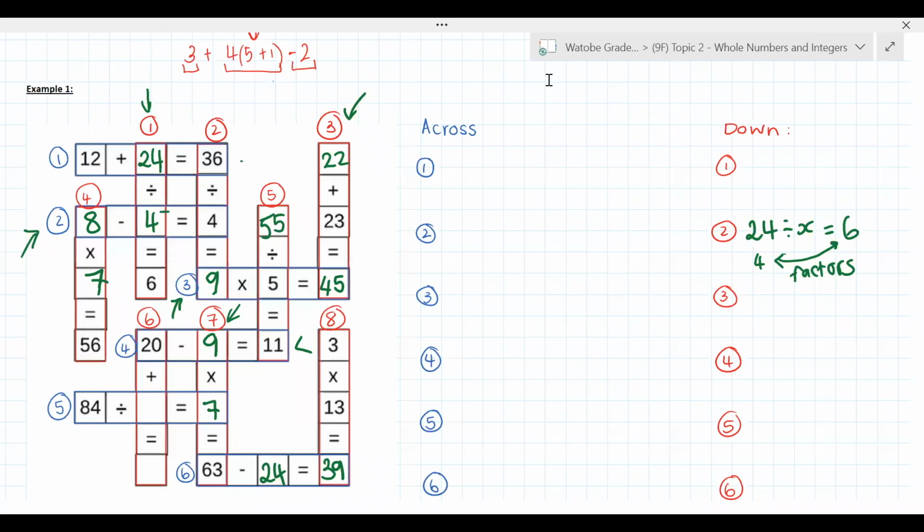Amanda, do you want to try one? Hey, ma'am. Okay, yeah. Ma'am, 5 across. Okay, perfect. I'm ready. 84 divided by 12 is 7. Perfect. 84 divided by 12 equals 7. Wonderful.